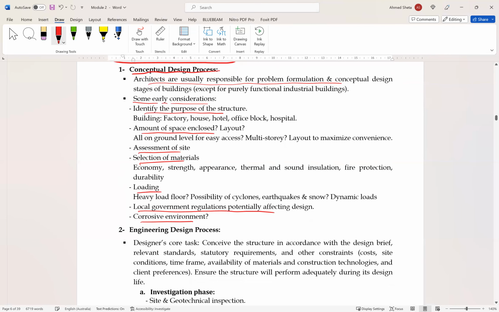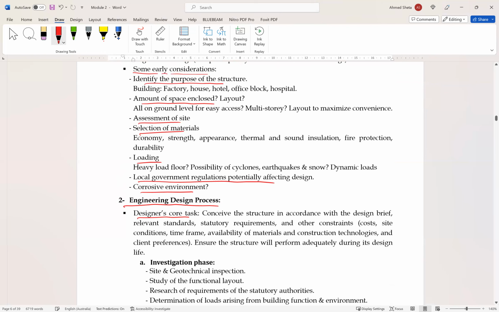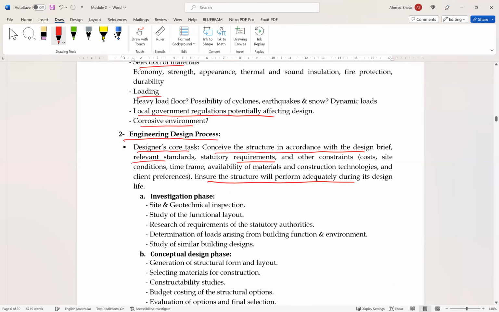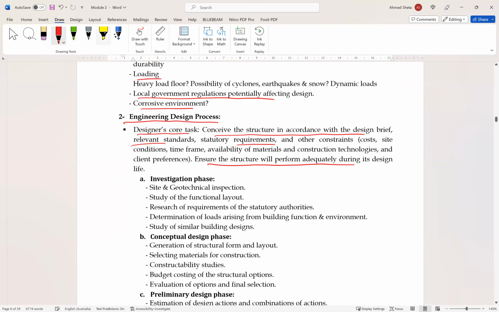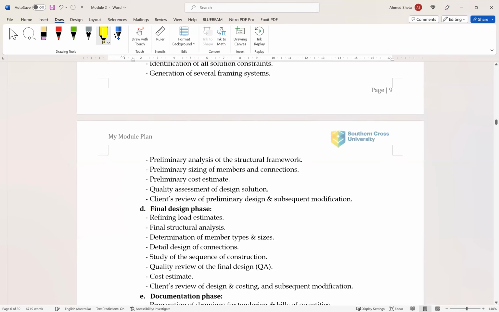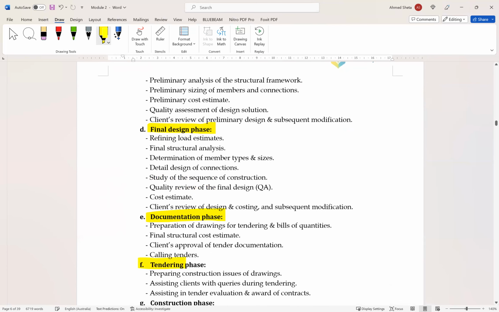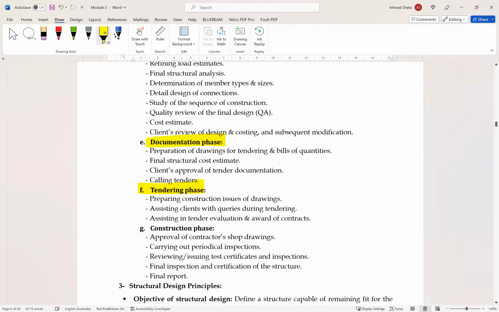The second process is the engineering design process. The designer's core task is to conceive the structure in accordance with the design brief, relevant standards, and other requirements, and ensure the structure will perform adequately during its design life. In this process, we have different phases, including the investigation phase, conceptual design phase, preliminary design phase, final design phase, documentation phase, tendering phase, and construction phase.